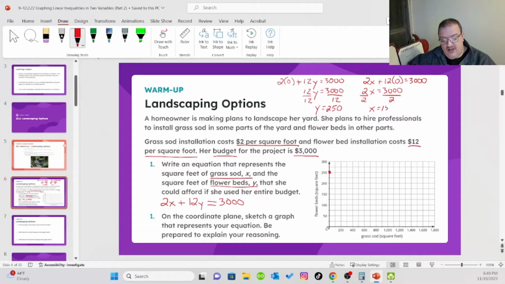And we find out that when Y is 0, X equals 1,500. We can put our X-intercept right here. And then we draw a straight line to connect these 2 points. All the points on this line are combinations of x and y that will equal 3,000.